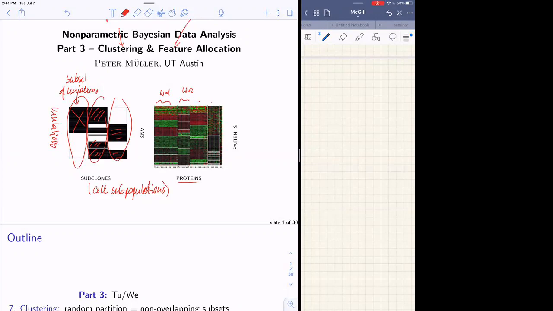Then building clusters of proteins is with the idea that different clusters of proteins might correspond to different biologic functions, so they kind of act together. And then for each cluster of proteins, so nested within a protein cluster, we are clustering patients.